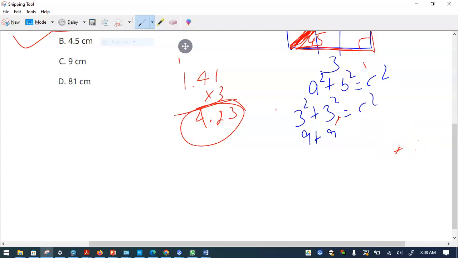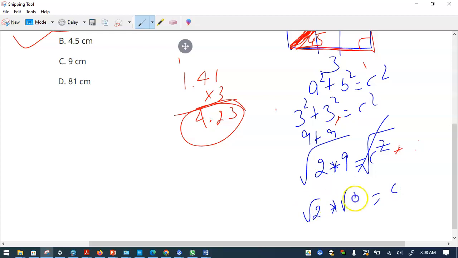and that is 2 times 9. There are two nines, which is c square, and then you put a square root on both sides. So the square root and the square go away, and you get c, which is square root of 2 times square root of 9, and that is 3 times square root of 2.